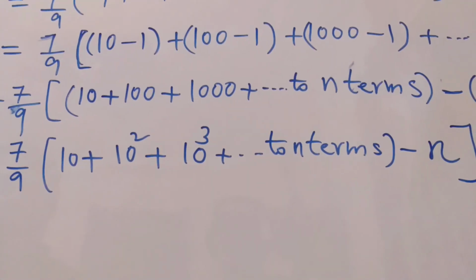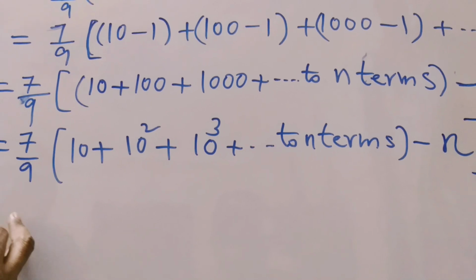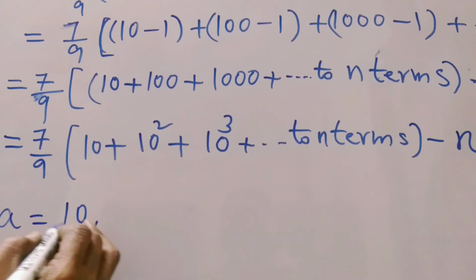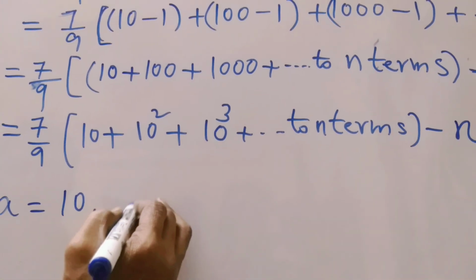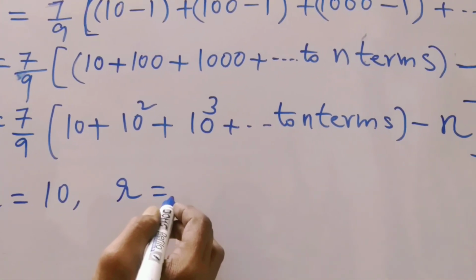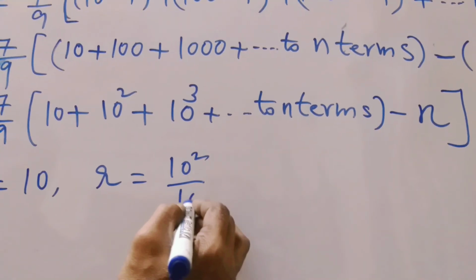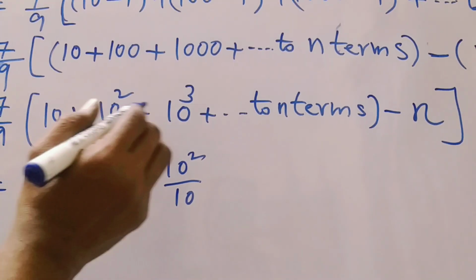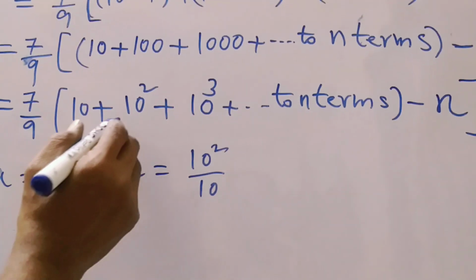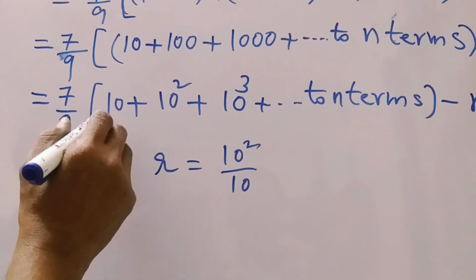So here the first term A is equal to 10, and the common ratio R is equal to T2 by T1, that is, the common ratio is Tn by Tn minus 1. Here, 10 square is the second term and 10 is the first term.